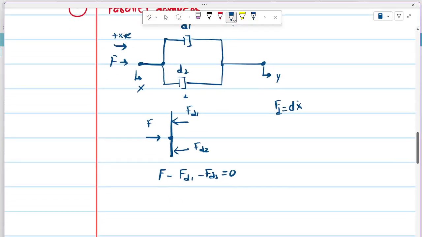Now we can substitute the equation of damping force into our governing equation. So F minus FD1, which would be x dot minus y dot for them, that would be d1 times (x dot minus y dot) minus d2 times (x dot minus y dot), since both are parallel to each other, equals 0.